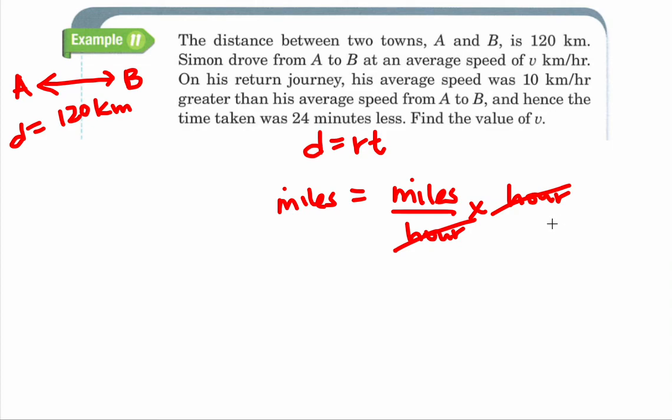That's going to tell you the total distance that you traveled by taking how fast you go and multiplying by how long you traveled for.